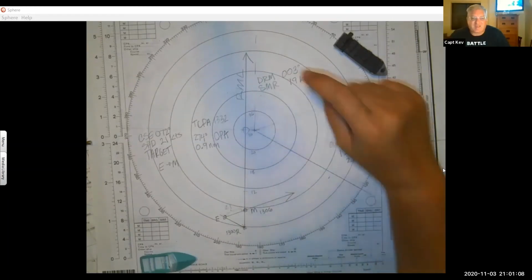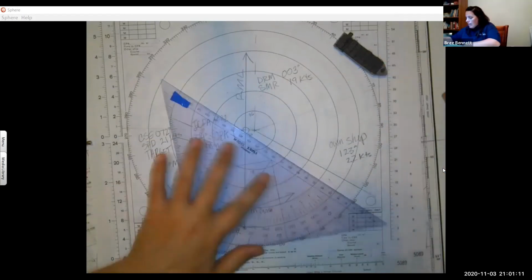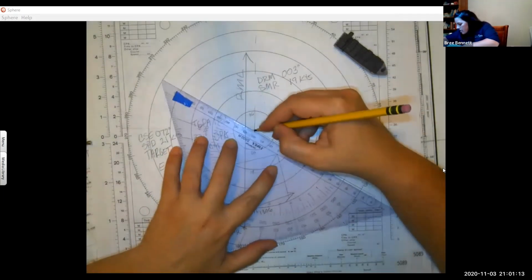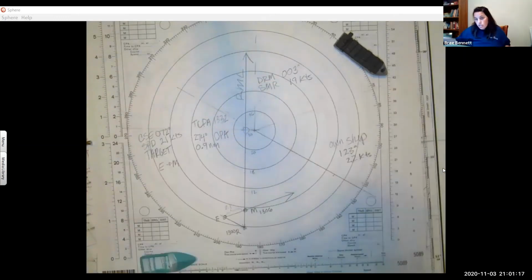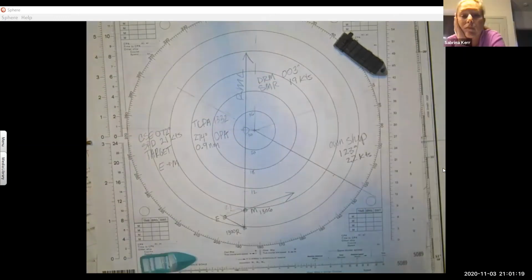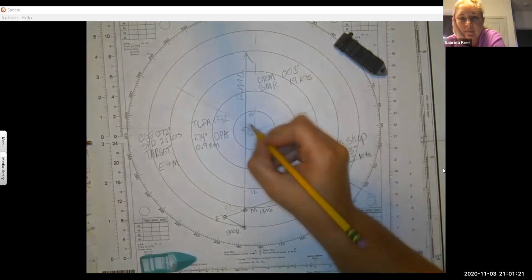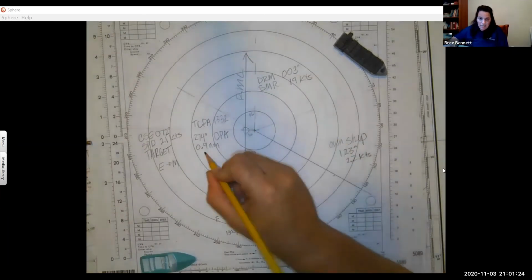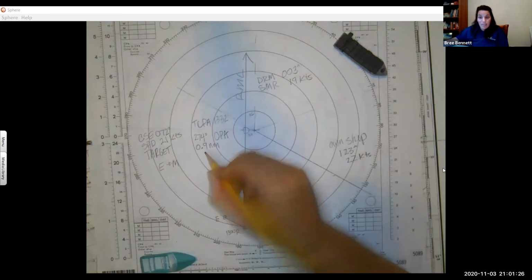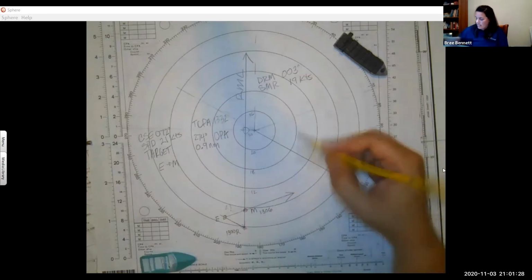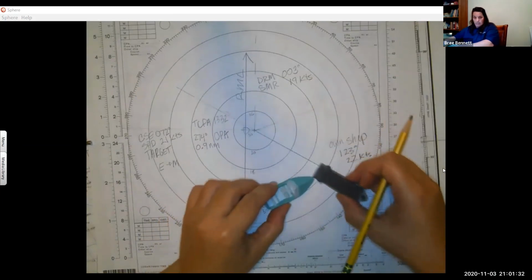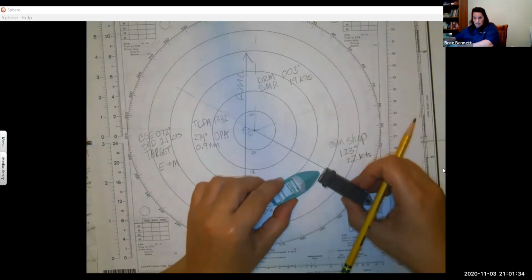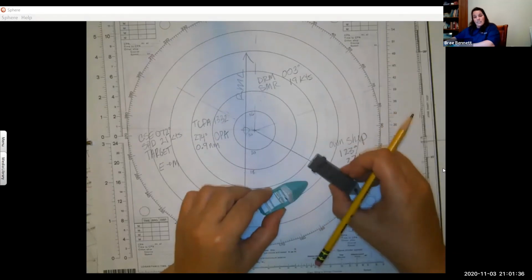I got it. So we have no bow crossing, right? It's not crossing our heading flasher, it's crossing our stern. But it's only passing our stern by 0.9 miles. And if we are the give way, we don't want to be crossing ahead of where this is going to happen, right? We don't want to pass ahead of a vessel that we have to give way to.